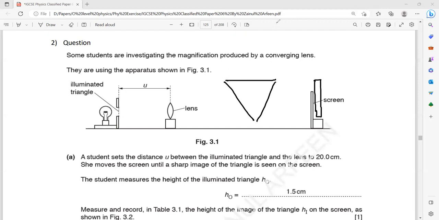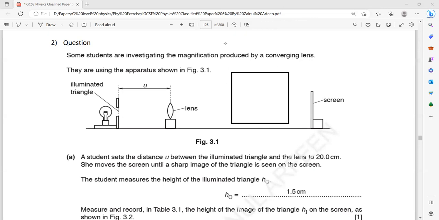You can have a screen which has a ruler already stuck to it. So you can just read it. Otherwise, if you have to place a scale or a ruler, then your body will block the light from the source and the image will disappear.